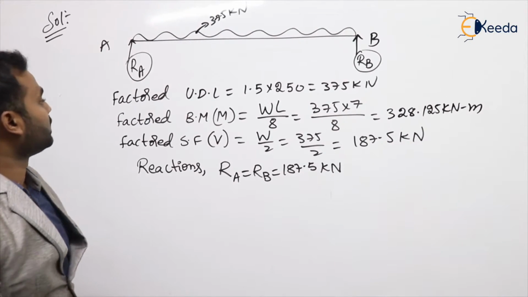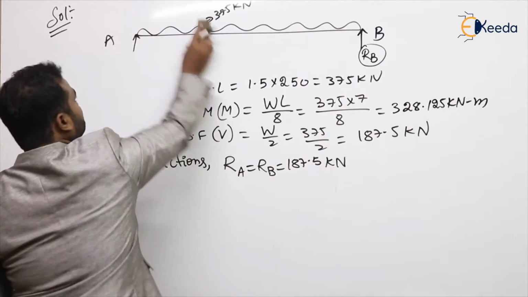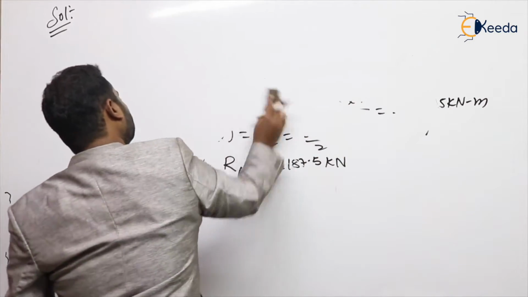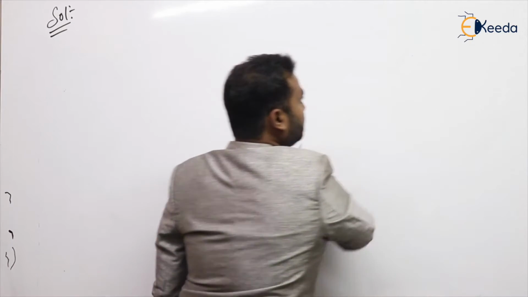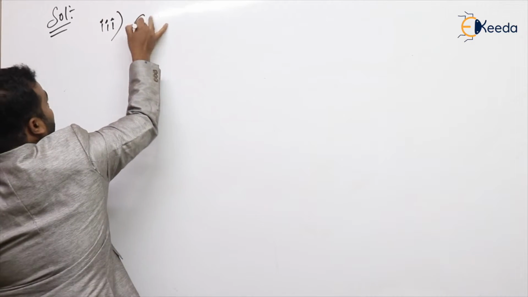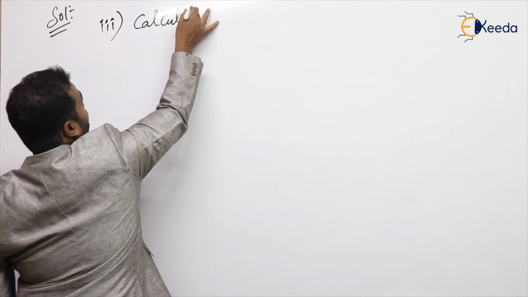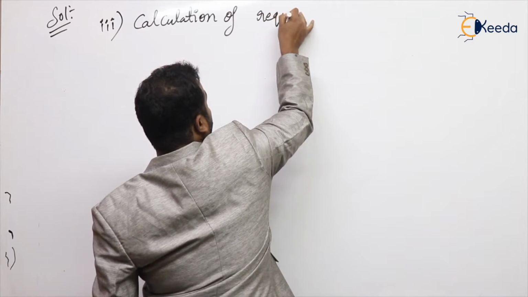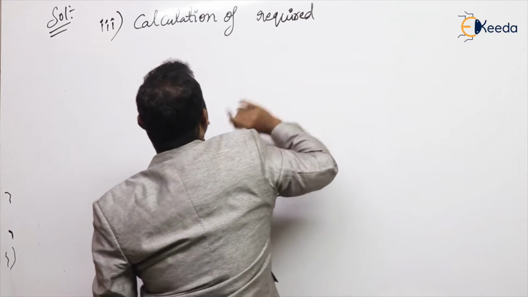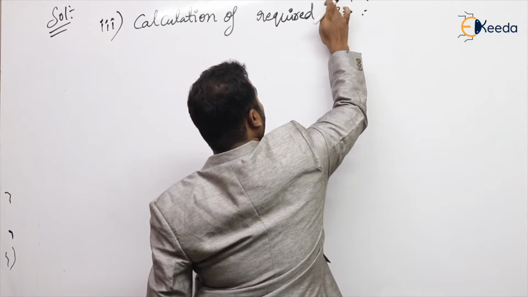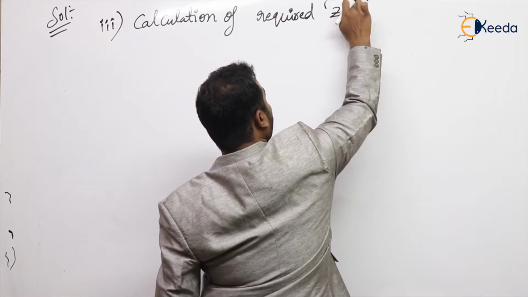Now let us go for the third step. Third step is nothing but calculation of required ZP, means required plastic section modulus.